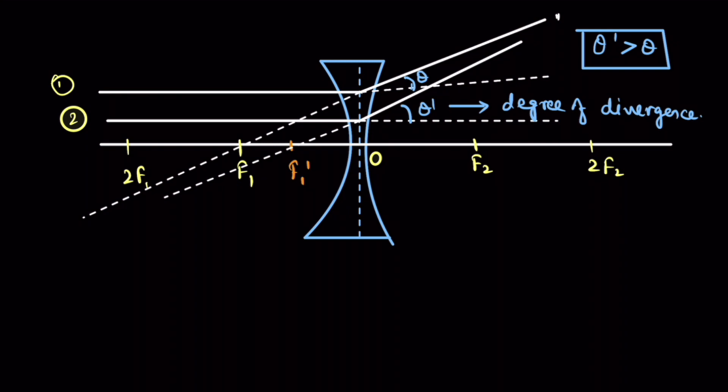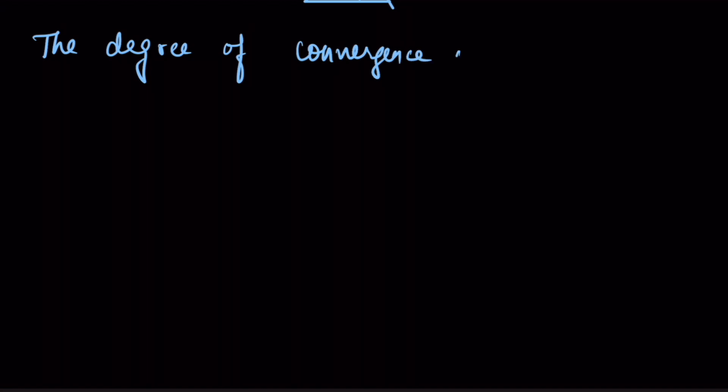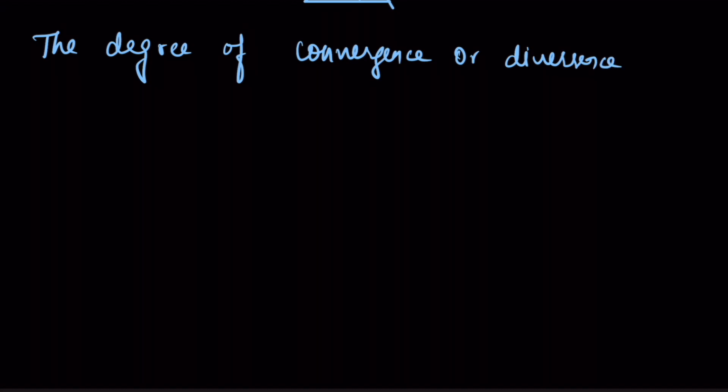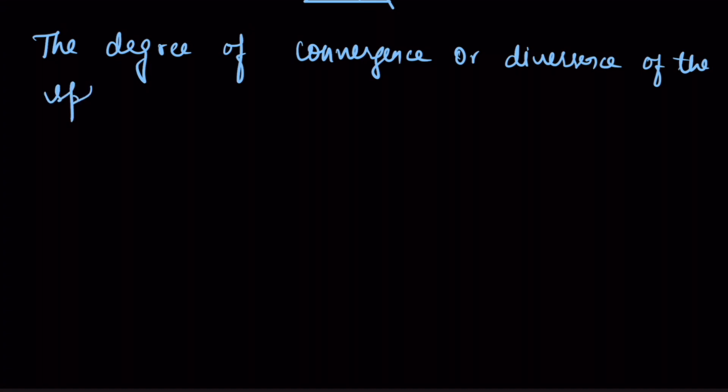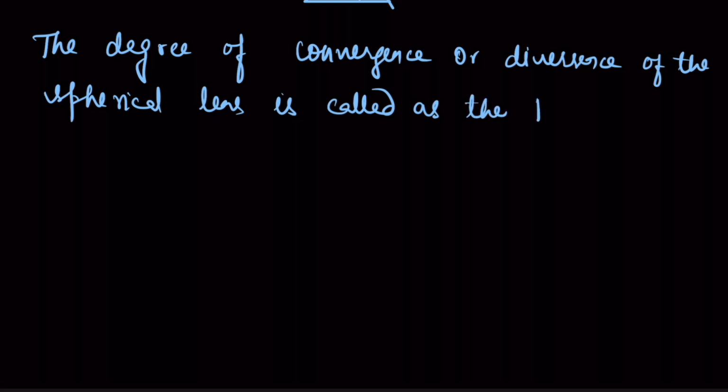So we can define the power of a lens as the degree of convergence or divergence of the spherical lens is called the power of the lens.